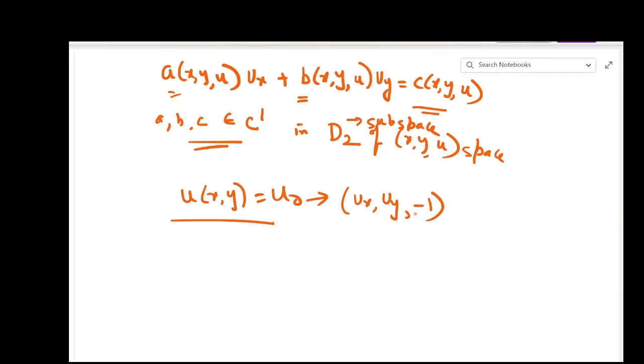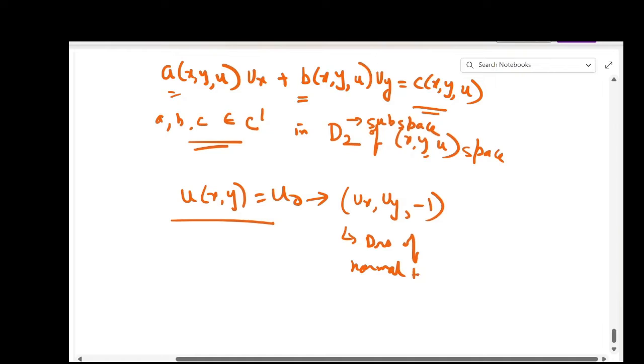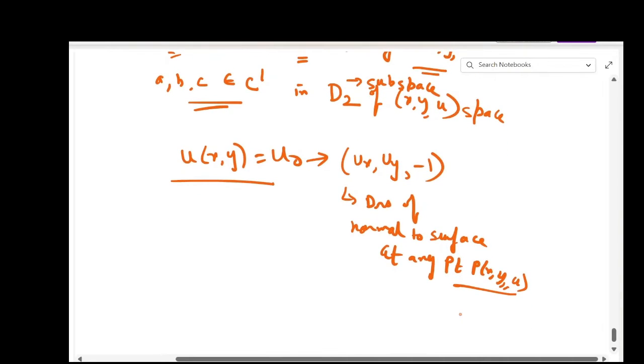In 3D, I am considering only this. So these are the direction ratios of the normal at any running point P (x, y, u) of the surface. Obviously, as we are considering a three-dimensional surface, any point is now having three components.